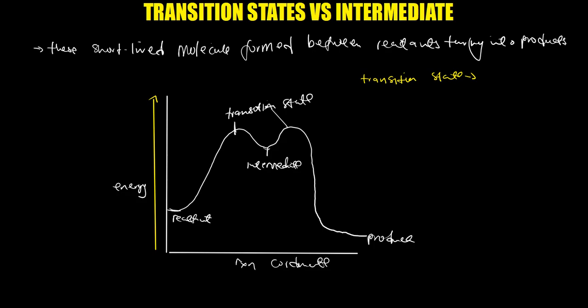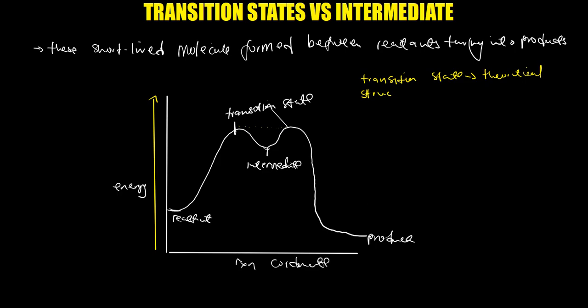By the way, these were supposed to be at the same level when you draw them. So these are a theoretical structure. So transition states are just a theoretical structure.